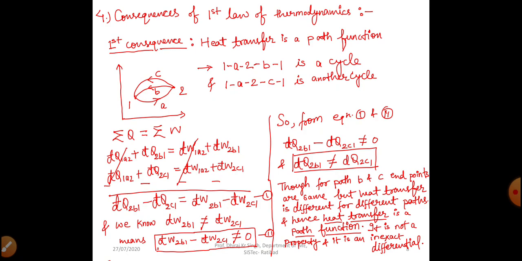So it is not a property and it is an inexact differential. If somebody asks you to prove that, you can prove it very easily by deriving these equations. So the first consequence of the first law of thermodynamics is that heat transfer is a path function.